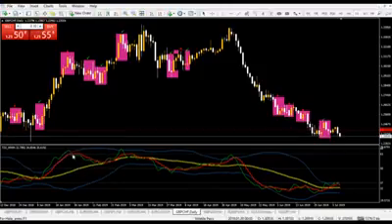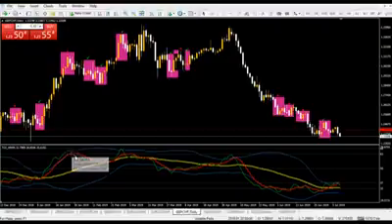So we'll wait for the green price line to cross over the red signal line.